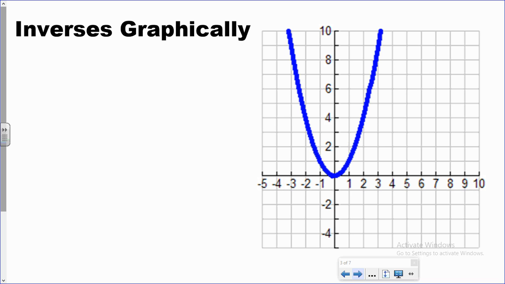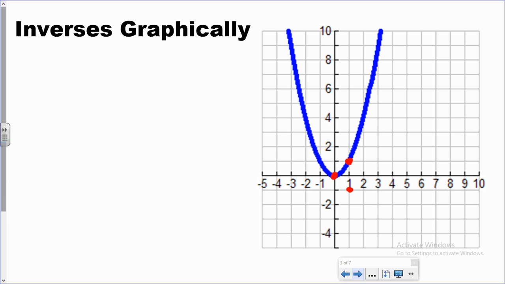0, 0. If we switch x and y, real exciting, 0, 0. The coordinate on the parabola here, 1, 1. If we switch x and y, this isn't exciting yet. How about this one, negative 1, 1. If we switch x and y, that becomes the coordinate 1, negative 1.